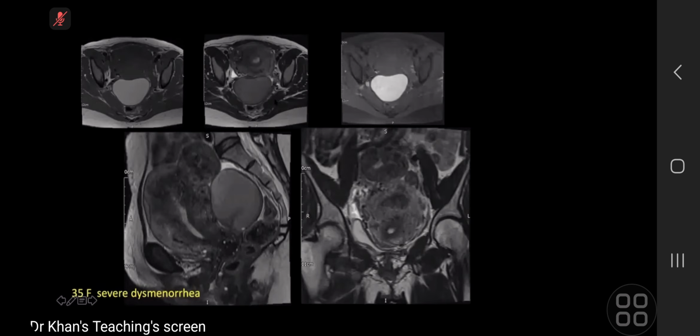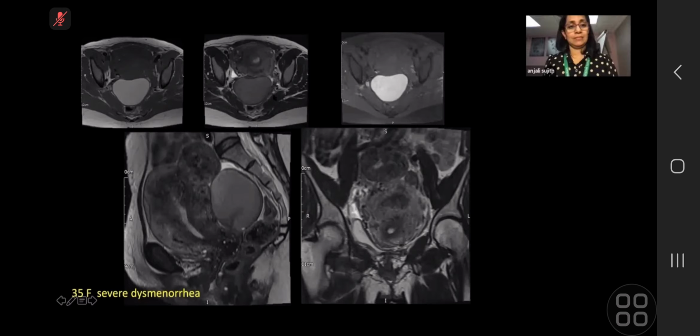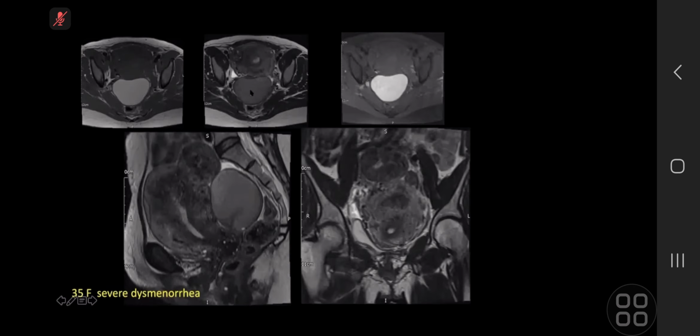The next sequence is a T2, on which I can see that the bright structure in the posterior compartment is iso-intense. So bright on T1 and iso-intense on T2, and stays bright on the fat sat sequence, axial slices. So it's behaving like blood and is in the posterior compartment, posterior to the uterus.